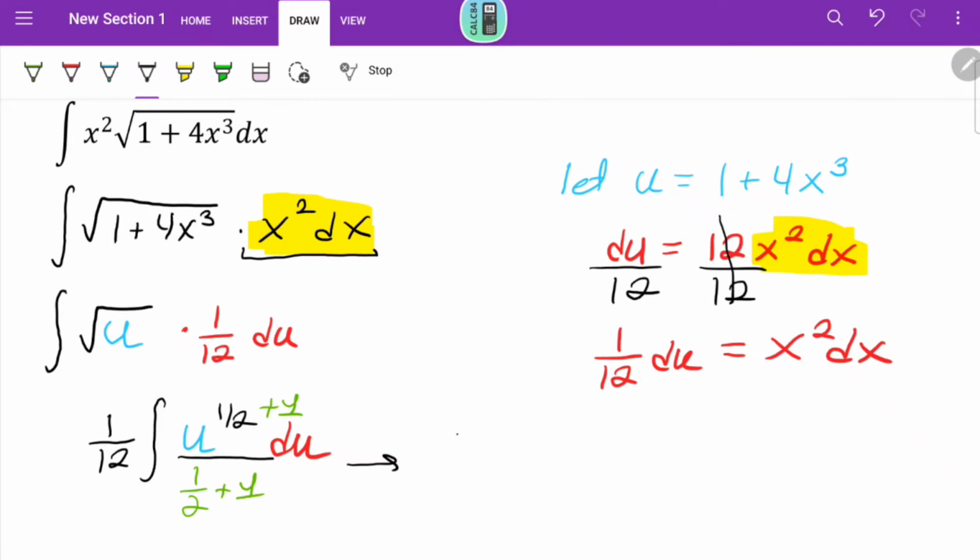That is going to equal 1/12 times u to the 1/2 plus 1, which is the same thing as saying 1/2 plus 2 over 2. 1/2 plus 2 over 2 is 3/2. So that's going to be u to the 3/2, and that's divided by 3/2.